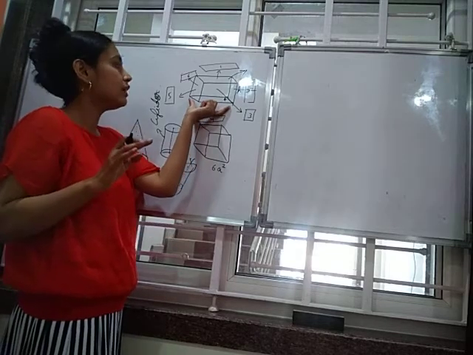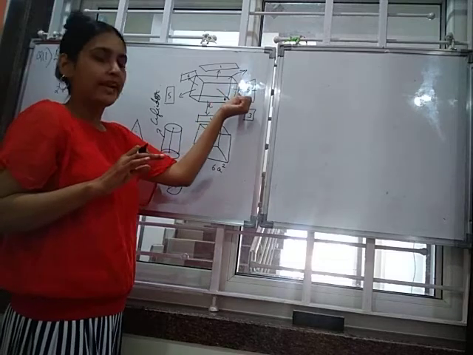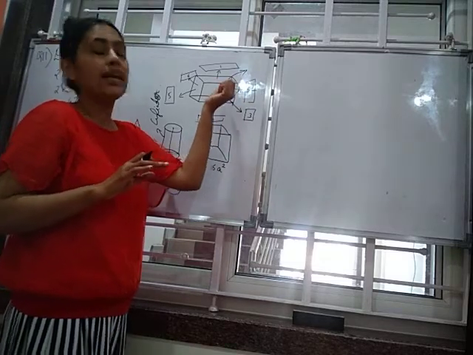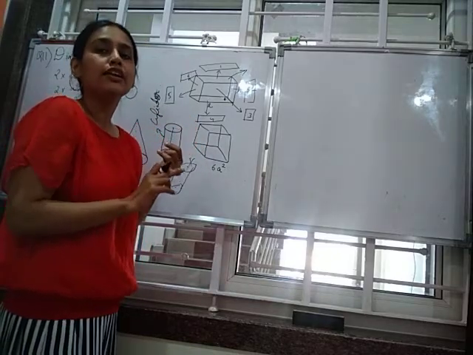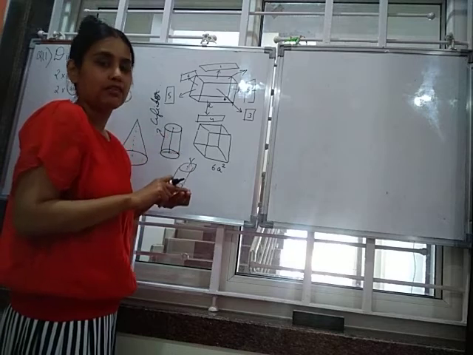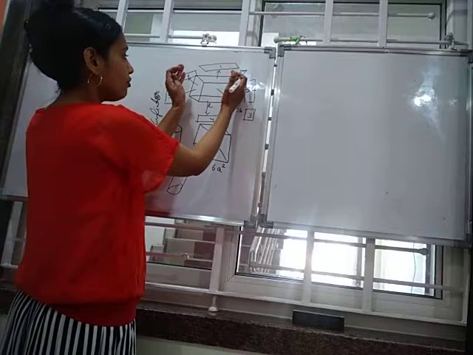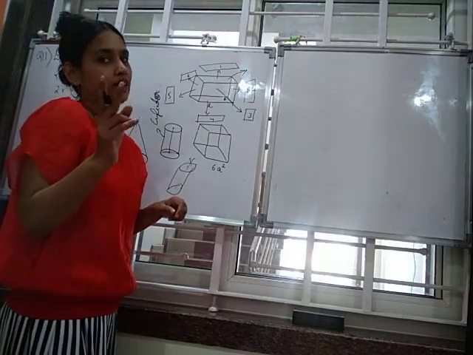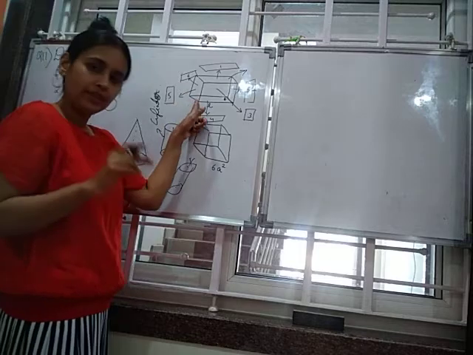There will be 2 length into breadth, 2 breadth into height, and 2 length into height. So it will be 2 times length into breadth plus breadth into height plus height into length. Why? Because there are 6 faces and 2 faces will be identical, which are opposite one another. They will be identical, so we'll get 2 of the same type. Got it?